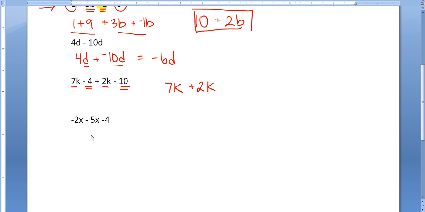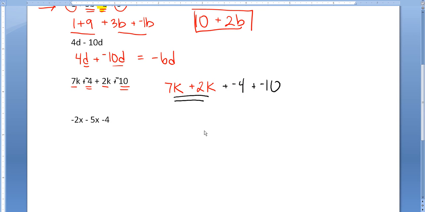First of all, let's be really careful with this right here. Let's change this subtract 4 into add -4, and this subtract 10 into add -10, and that'll make it a lot nicer. So then I can have an add -4 and an add -10.